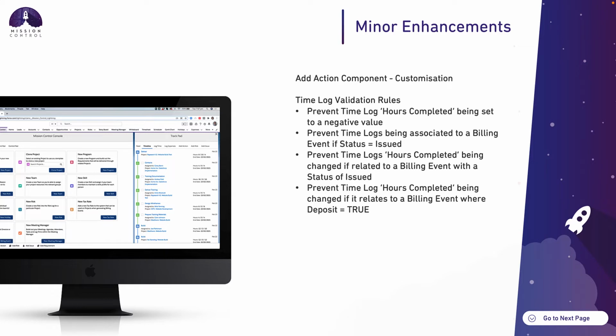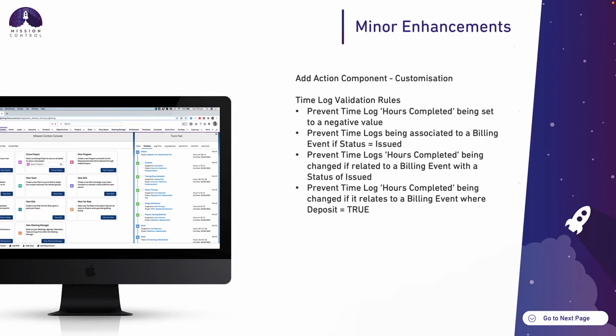And we've added a number of validation rules to the time log object. The first one being you can prevent a time log hours completed field being set to a negative value. You can prevent time logs from being associated to a billing event item if the billing event that it relates to has already had the status set to issued.